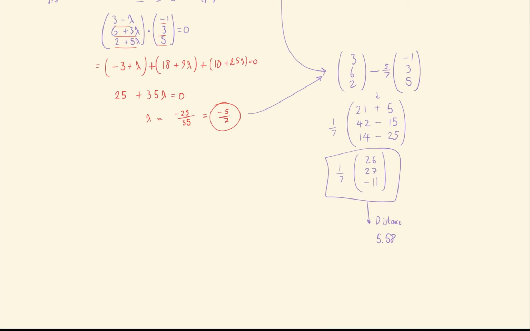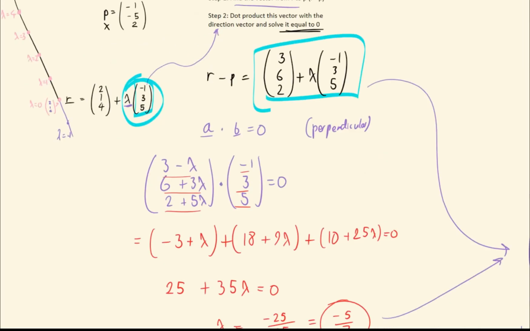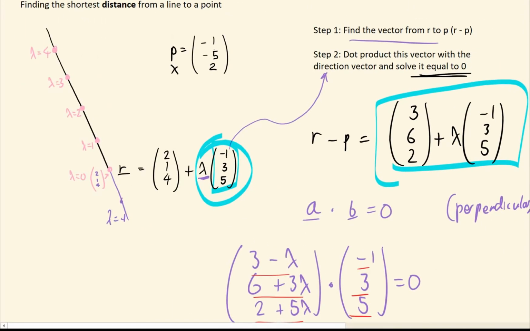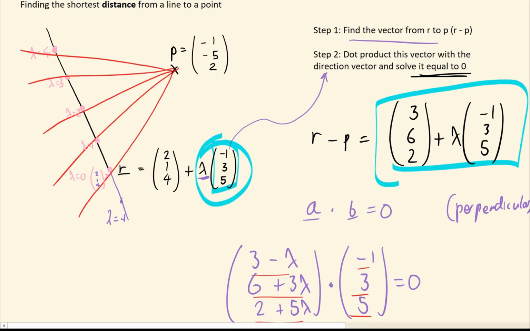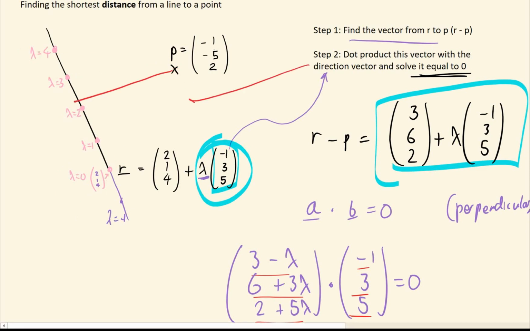Okay, yeah, there's a lot to take in there, so let's recap really quickly. We found a vector from R to P, and again, that could be any vector, sorry, from anywhere on my line R to my point P. We then found what value we needed for lambda to make sure that was at right angles. So in step 2, we worked out what value of lambda would give me a right angled length.